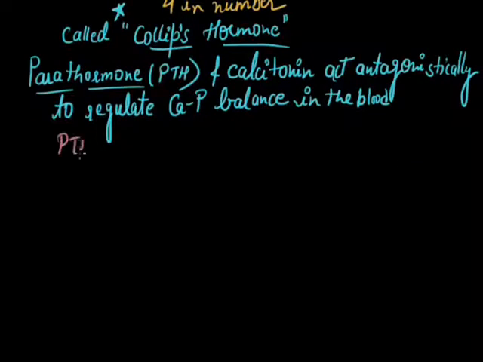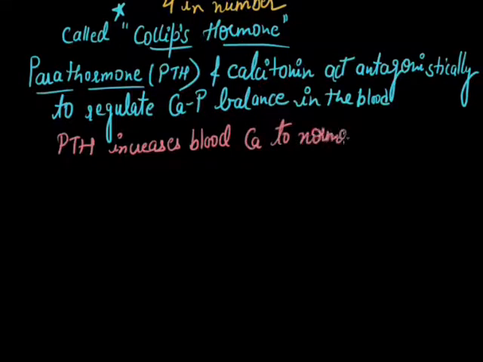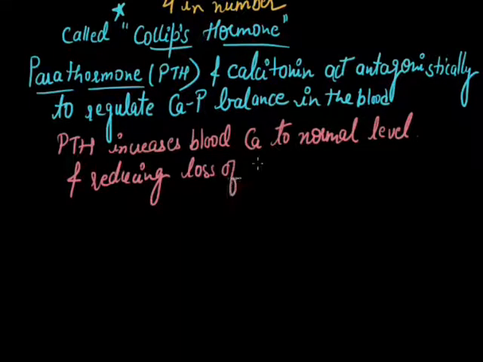That is, PTH, the parathormone, increases blood calcium to normal level by withdrawing calcium from the bones and reducing loss of calcium in urine. Thus, it is clear that PTH increases blood calcium level while calcitonin decreases the calcium level.